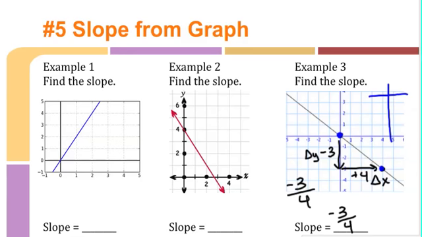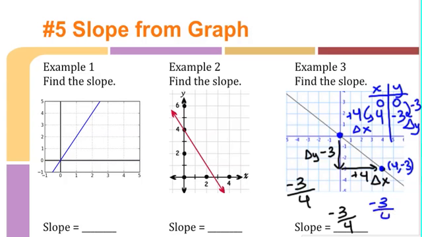These points are 0, 0, right in the middle, and then 4, negative 3. Now this is going down 3 spaces, and this is going up 4 spaces. So again, the change in y over the change in x, so negative 3 divided by 4. Look at that, it's my same answer.